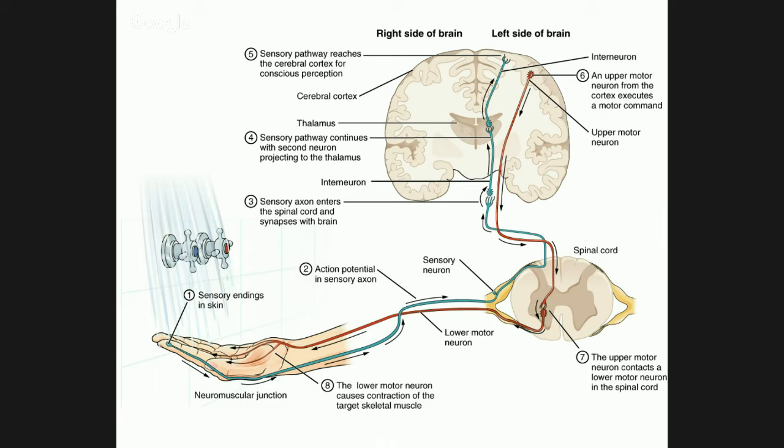That's just reflex. So lower motor neurons can be part of involuntary reflexive kinds of movements because they just are what control muscle contraction. Whereas any voluntary movement is going to require an upper motor neuron to be involved.